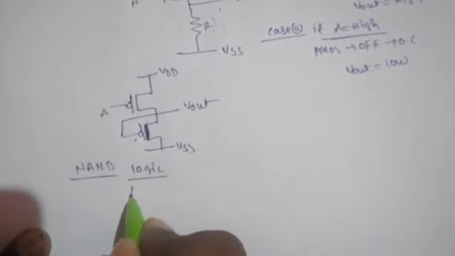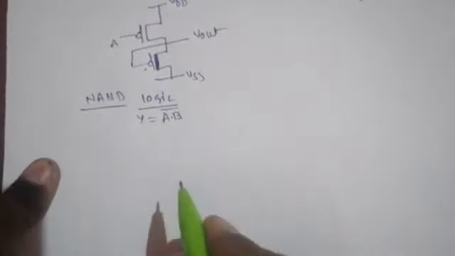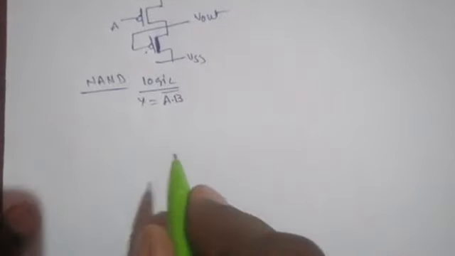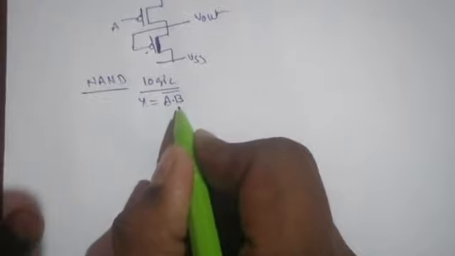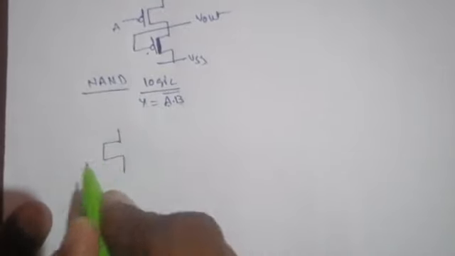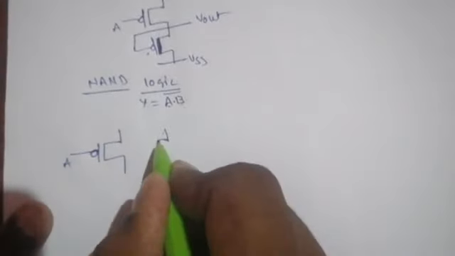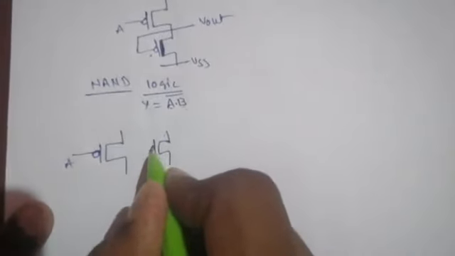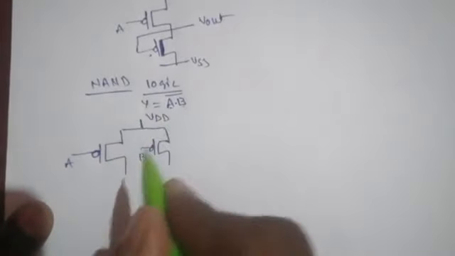Like this we have to implement NAND logic. In NAND logic, y is equal to A dot B whole bar. For this in PMOS, product terms get a parallel connection. So this one is A, this one is B, these two are connected, and this is VDD.